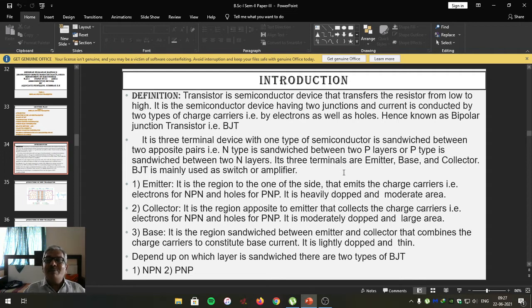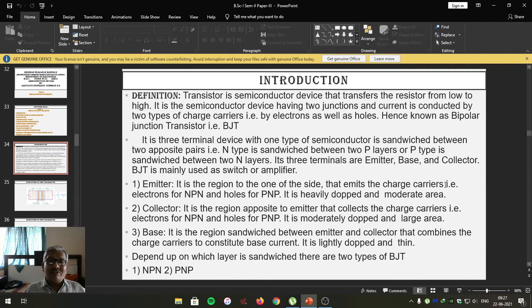Now we are going to see the meaning of emitter, base and collector. Let us study the meaning of emitter. Emitter is the region on one side that emits the charge carriers.